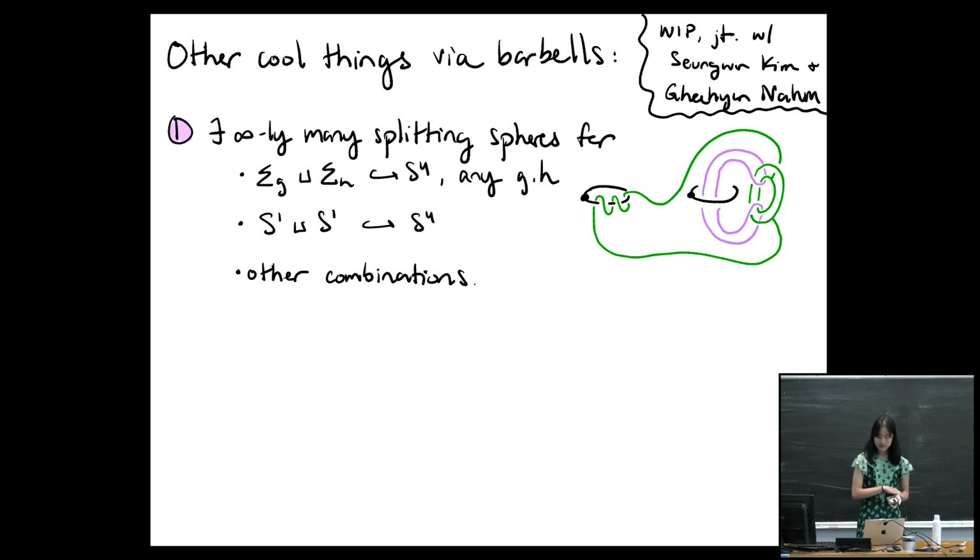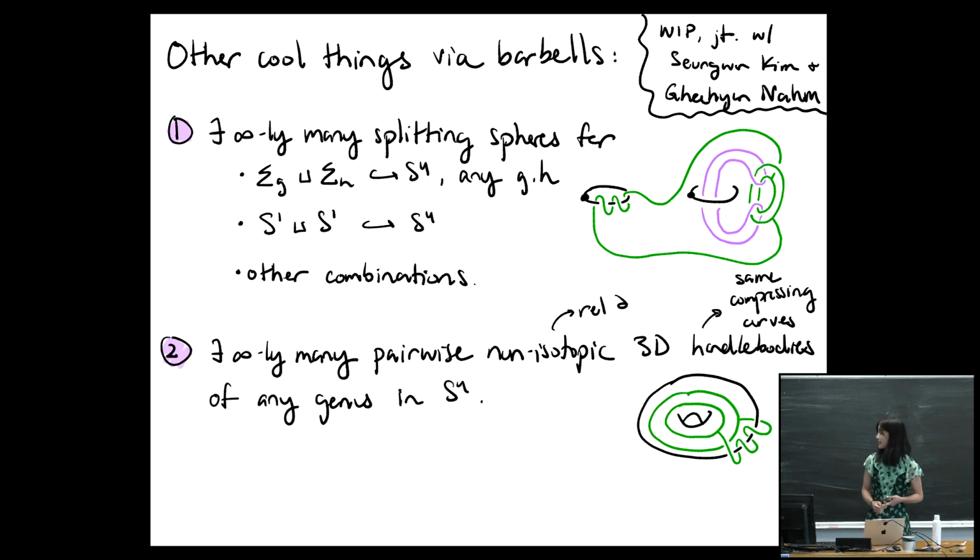The Hughes-Kim-Miller paper on splitting spheres provided examples of non-isotopic splitting spheres for some cases of unlinks of surfaces. The theorem we just showed proved it for S2s in S4. In general, we can get splitting spheres for any combination of any genus unlinks, and also for smaller submanifolds. If you have even 2 circles sitting in S4, then there are infinitely many S3s that split them, and various other combinations.